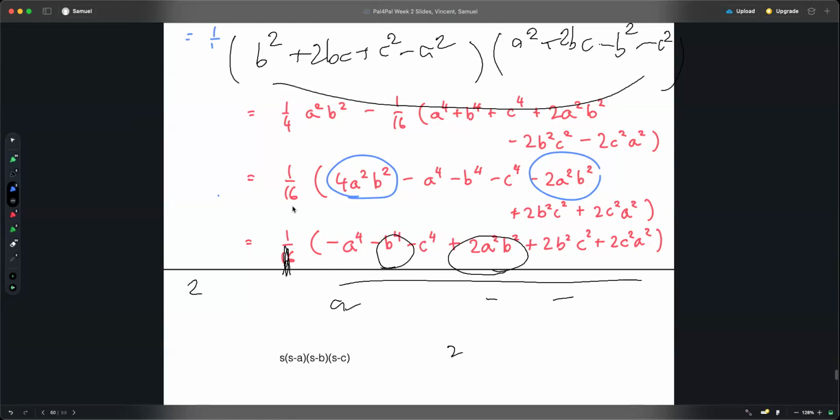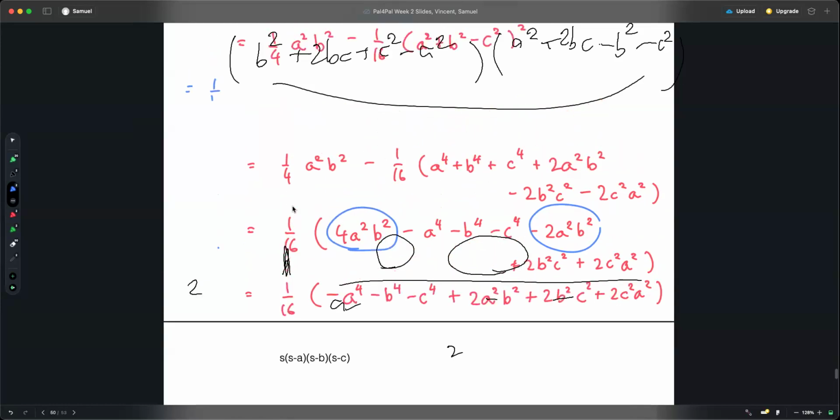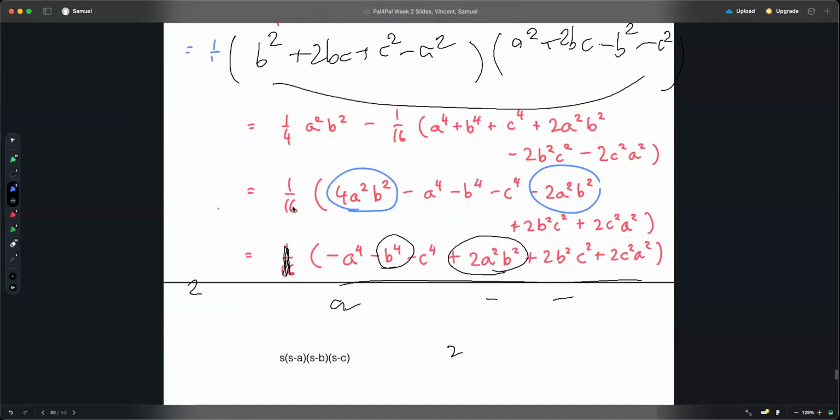I think it's actually easier to factor it directly. Wait, okay. I actually don't know what I did wrong. Did I do a sign error? I probably did a sign error. Okay, that's fine.